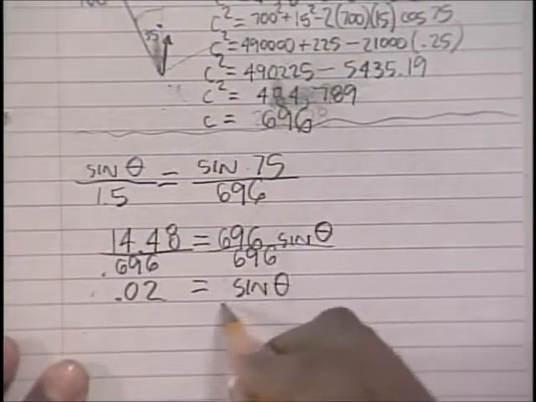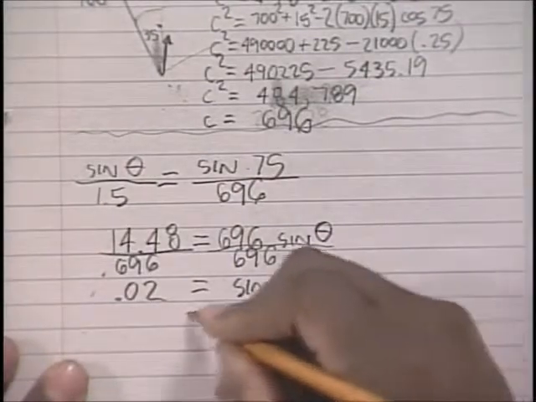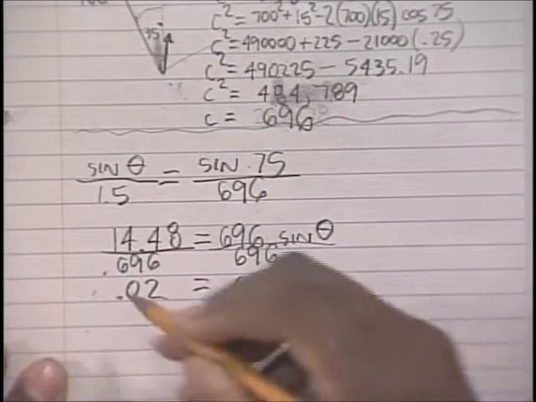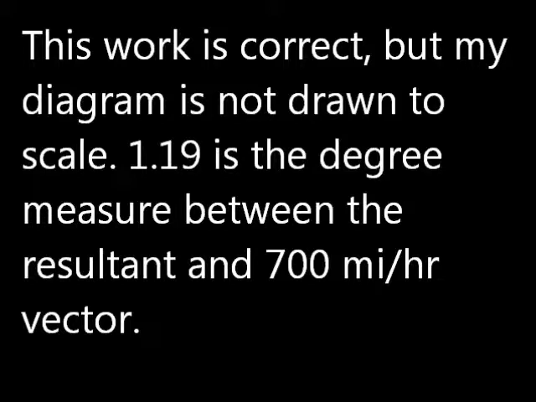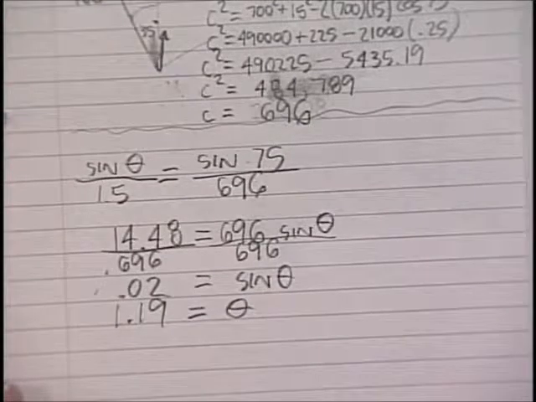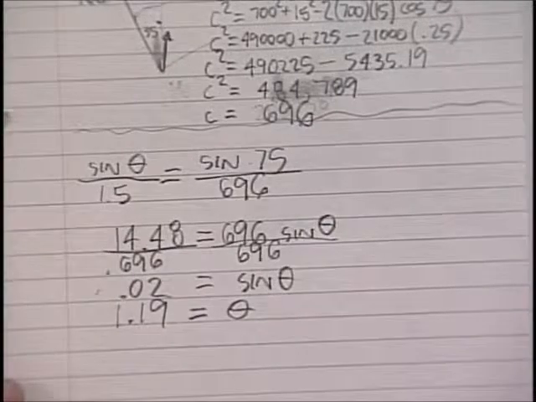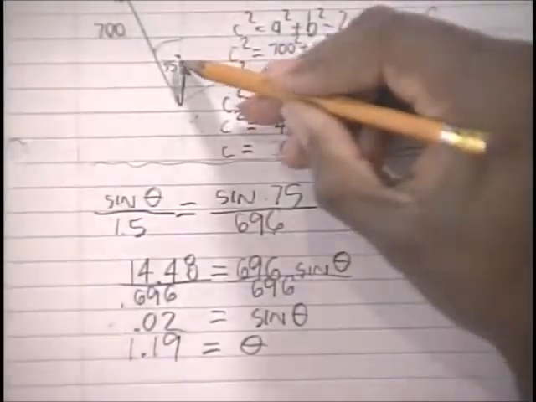And what's the arc sine of 0.02? I got 1.19. You got 1.19? Yes. Oh, we must have made another mistake. Would you subtract that from 35?